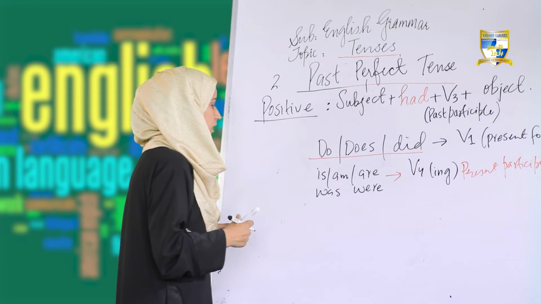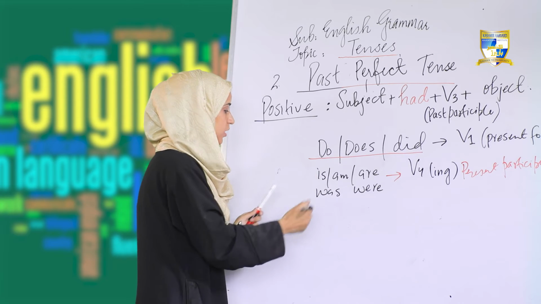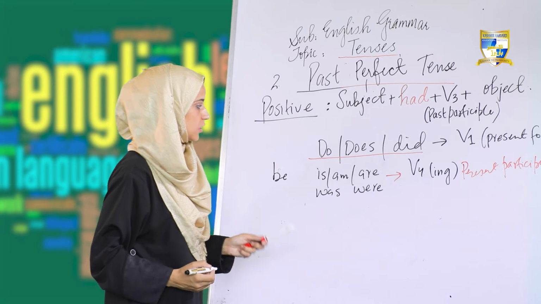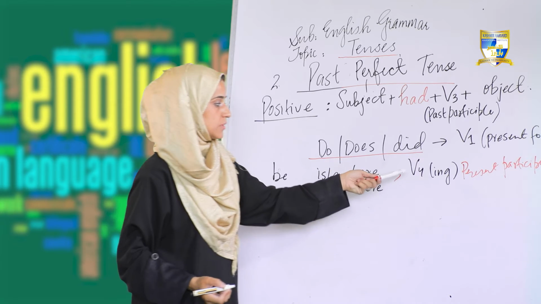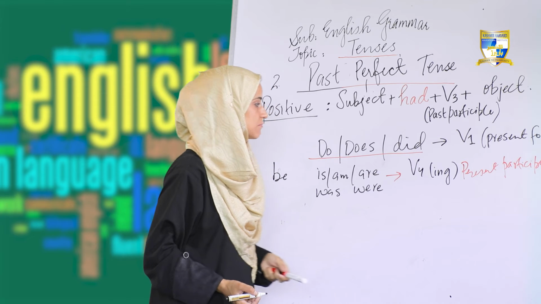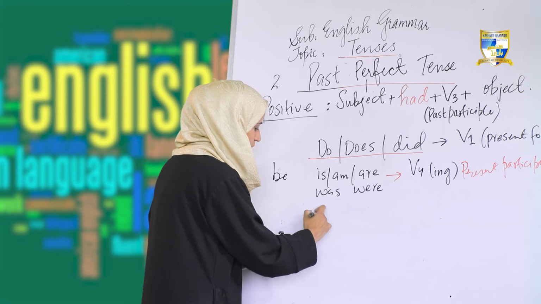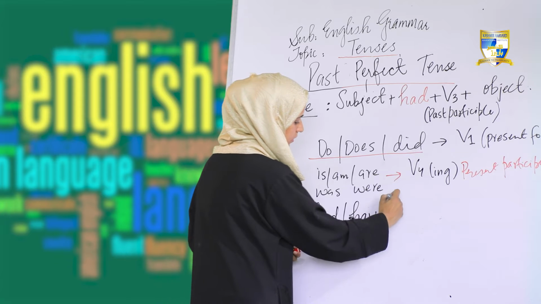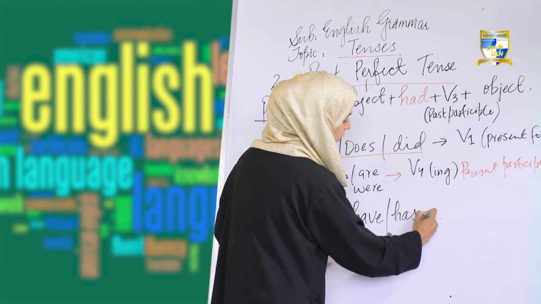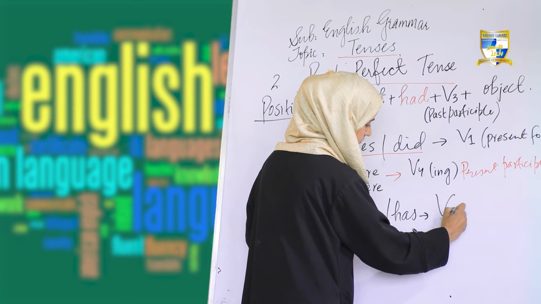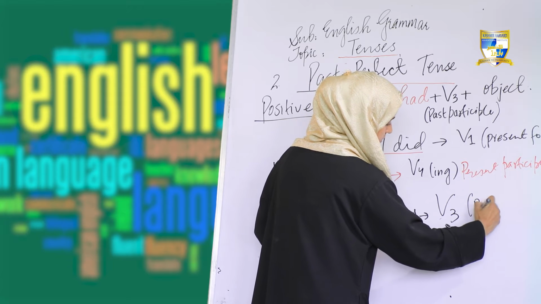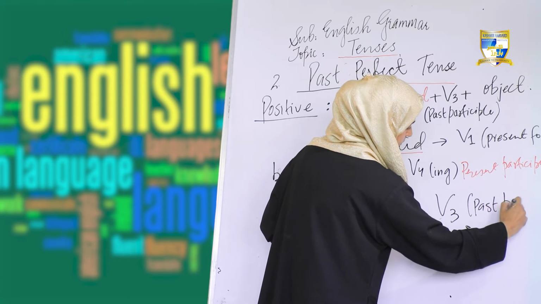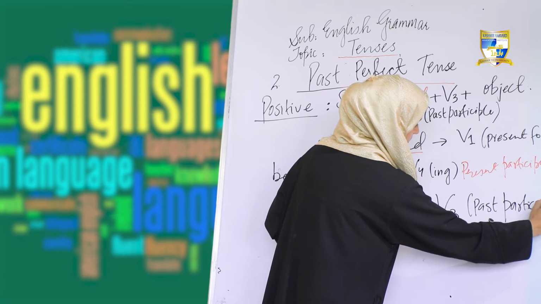And when you are using is, am, are, was, were, they are be forms. So whenever we use these, we use the present participle. If you have had, have or has, we use V3, that is past participle.